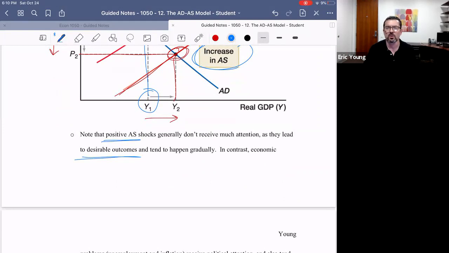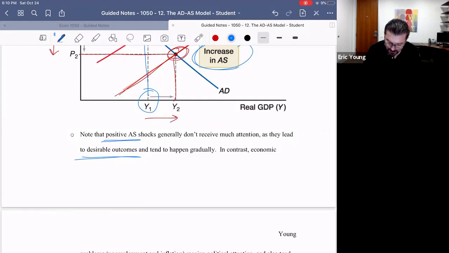We always want prices to not increase and maybe even decrease a bit, and we want more output. So this was a win-win. So because it was desirable, it didn't get anybody's attention. It didn't cause any kind of outrage. It didn't cause any kind of economic harm to most people. So it never really came up.